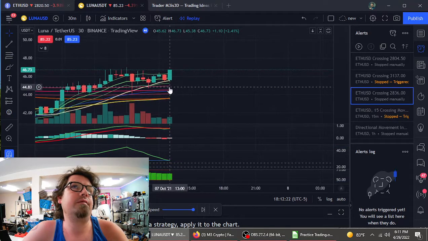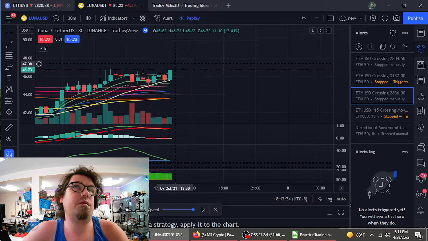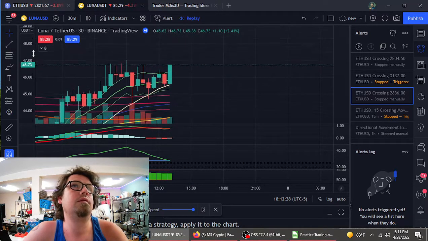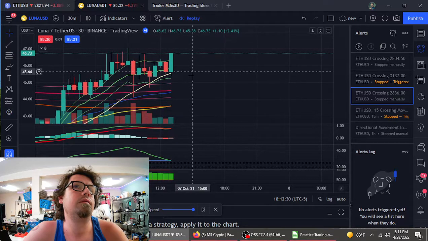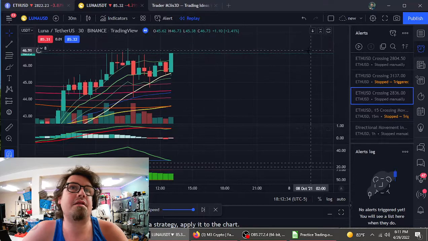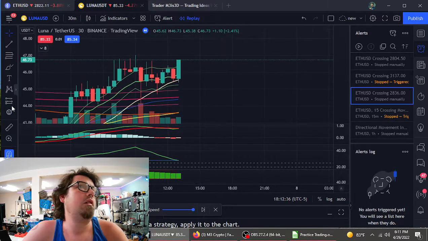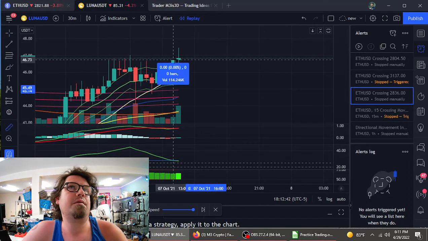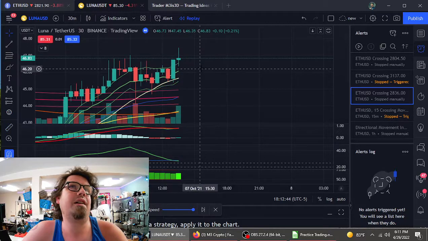This is tempting because it bounced off that moving average really strong and made new highs. What about the MACD? It's not quite crossed. No, I'm not doing it. How much was that? Yeah, I could have. Maybe I should have.